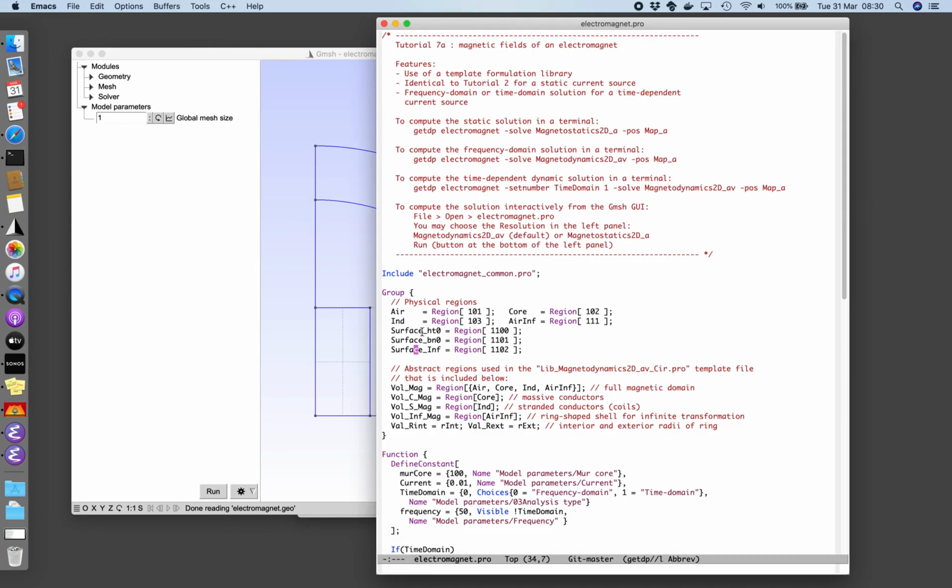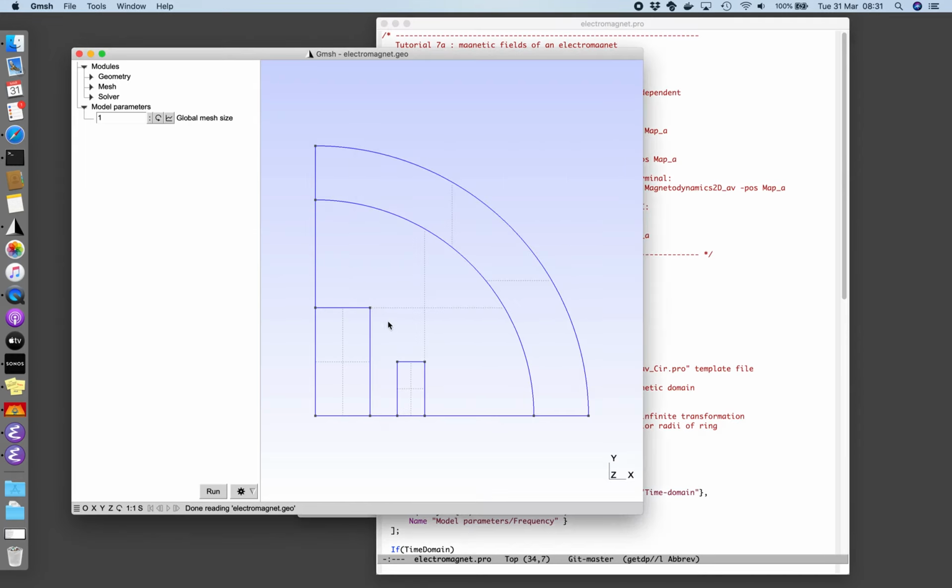What else? We define some surfaces. Well, in this 2D setting, these will be curves. So we have ht0, meaning that the tangential component of h should be 0. That's going to be 1100. Where should that be? Tangential magnetic field equal to 0. If I impose a current here, my flux density is going to rotate like this. So it should be on this line over here that I have no tangential component.